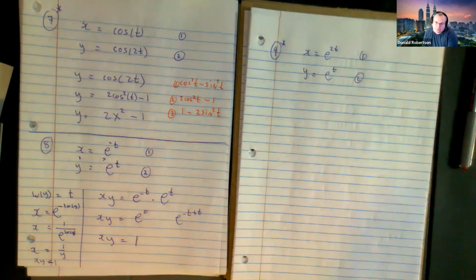There are at least 2 ways to do this. I guess there's 3 if you think of 2 of them as being essentially the same method in slightly different order. But I'm going to do the first method.